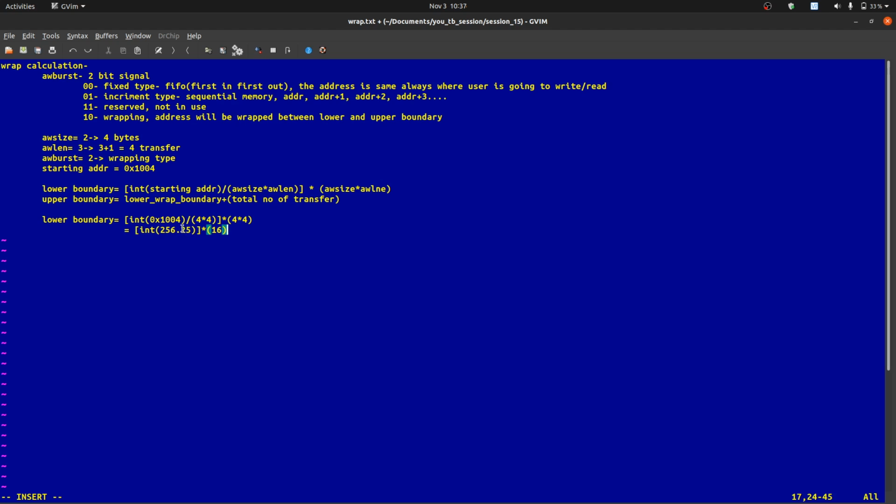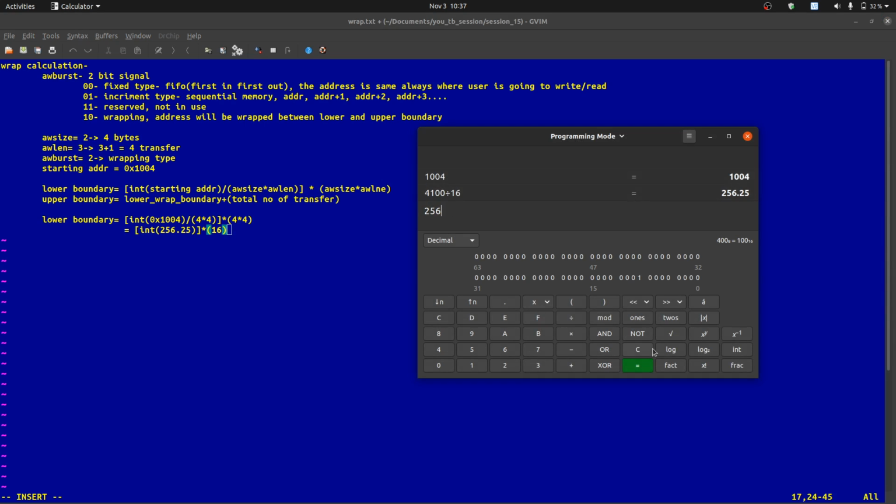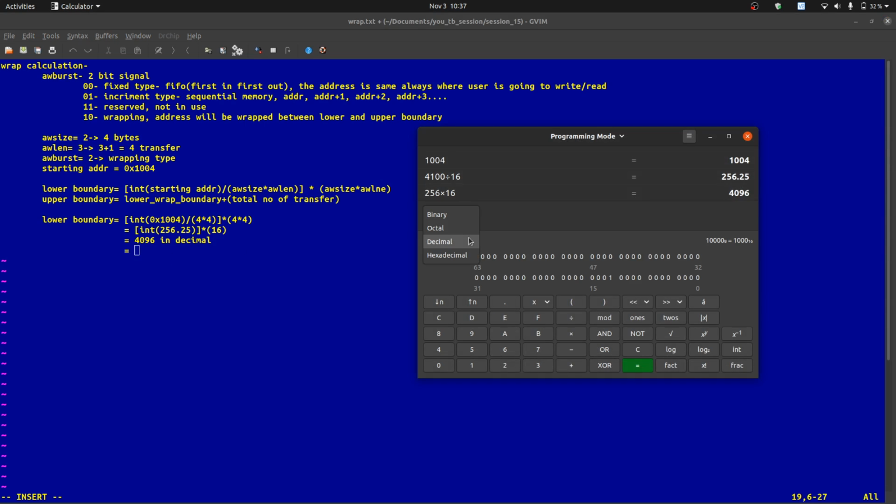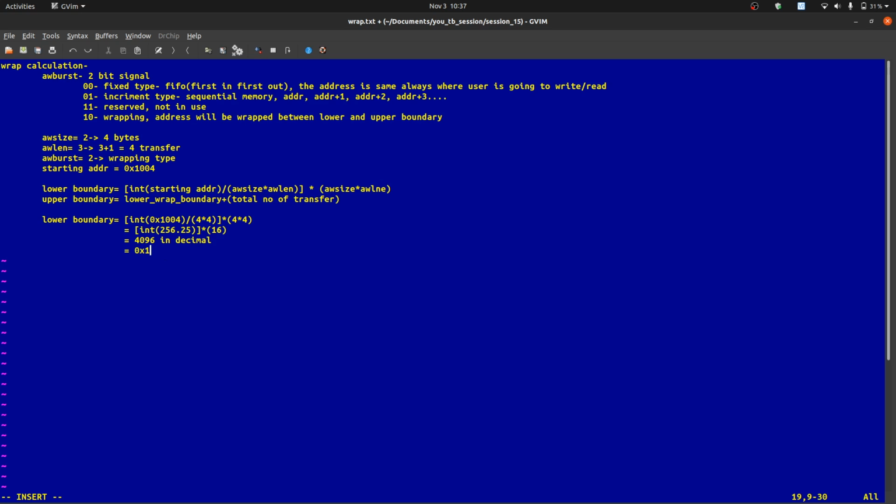That means we should ignore the fractional part 0.25 and take only 256, right? 256 multiplied by 16 is 4096 in decimal, and in hex it will be 1000. So this is your lower boundary, right?